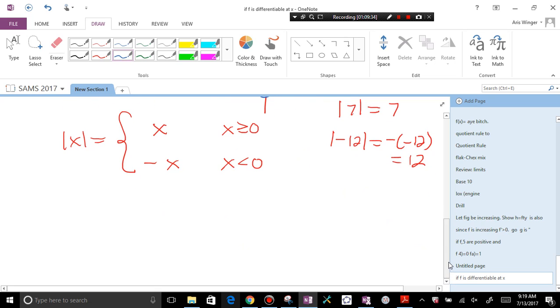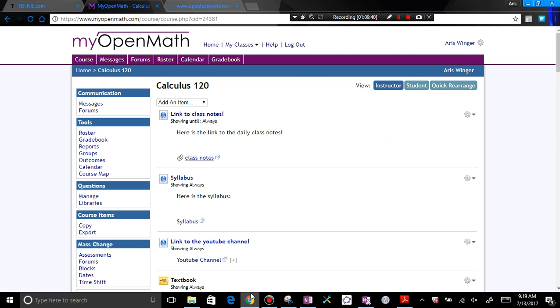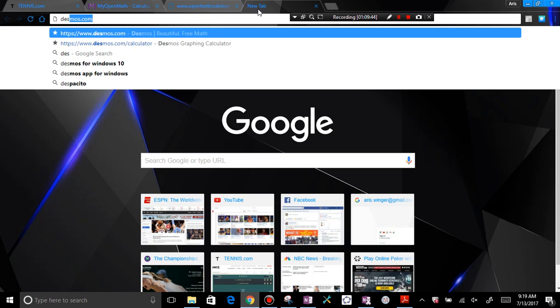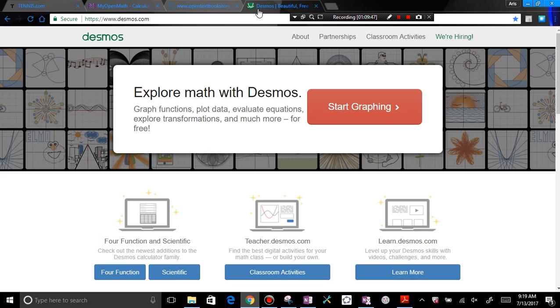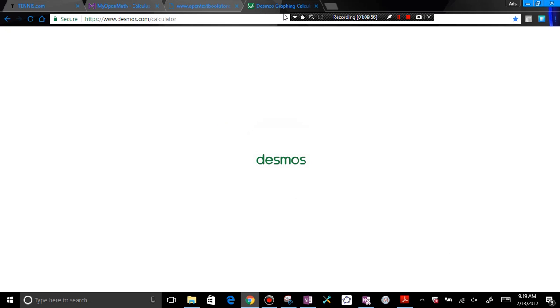There's some other funky functions, right? Like x to the 1/3. X to the 1/3 is defined on the whole real line.